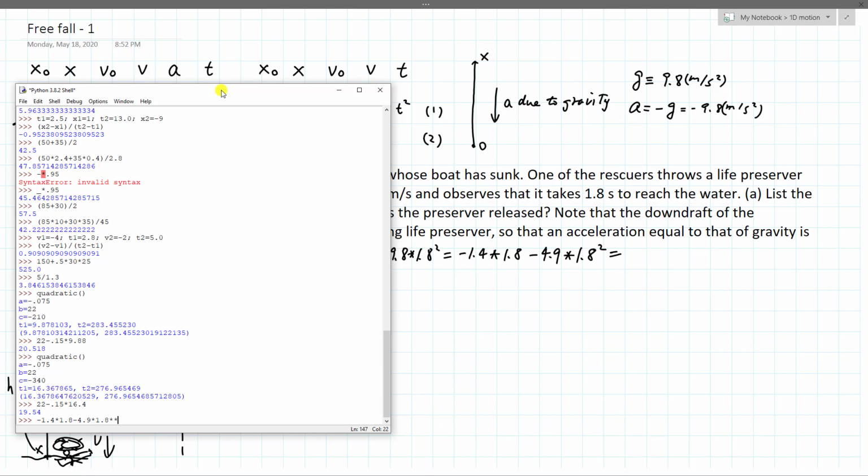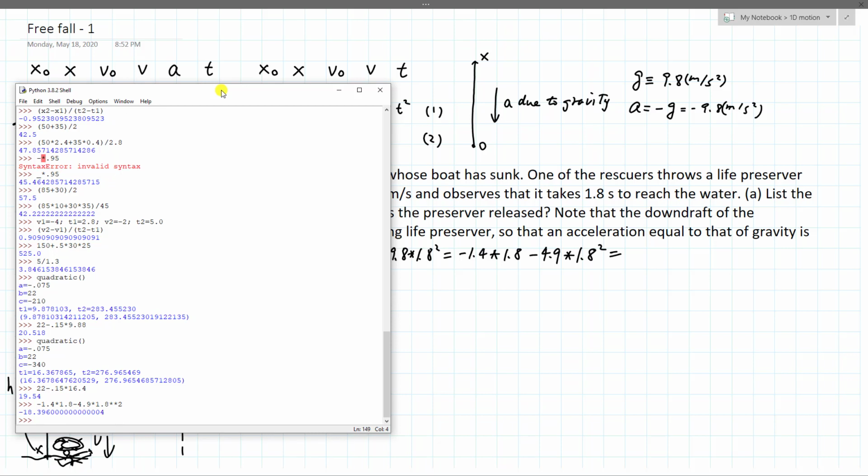I really like Python because on the numerical keypad, which is what I have next to my tablet, I don't really have a caret sign to do the typical square, and the times works perfectly. So we have minus 18.4. If I round to the digits, we only have 2 digits, right?